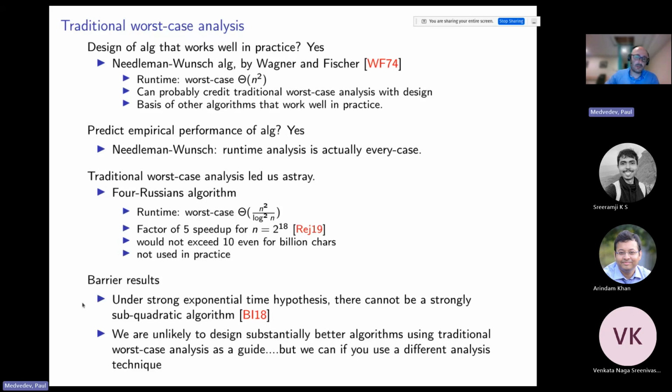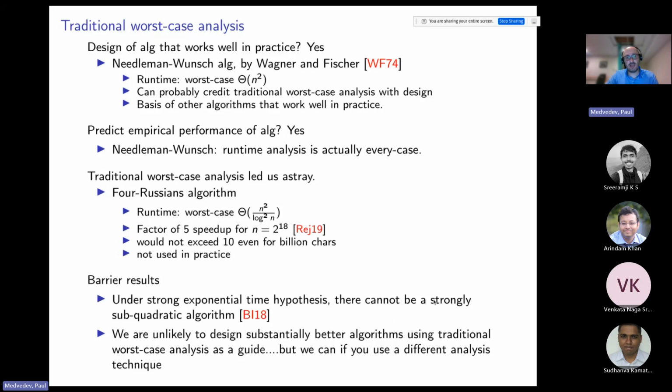You can question the hypothesis, but for people in bioinformatics, when we see something like this, we lay back and say, okay, somebody's going to prove this hypothesis wrong. It's probably going to be from the theory community, not from the bioinformatics community. So as far as we're concerned, we're not going to try to beat this bound.